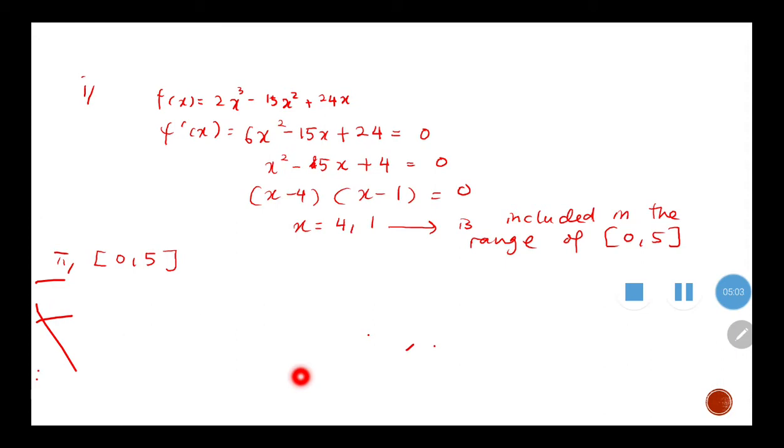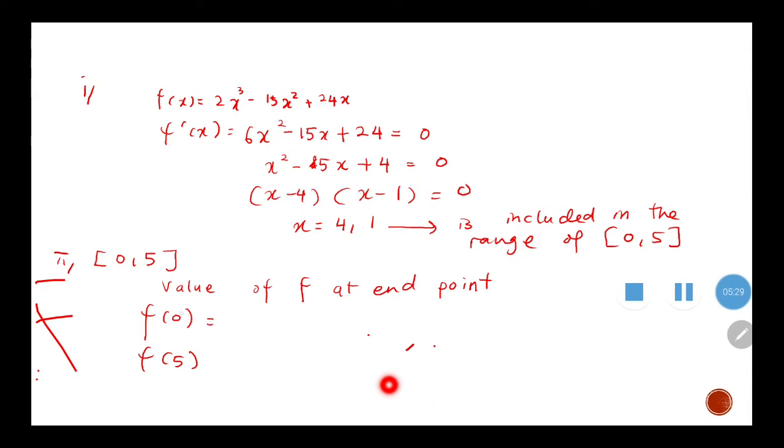So now we want to find the value of f at the endpoints. What do you think the endpoints for this range are? Okay, answer it in your heart. The endpoints are 0 and 5.